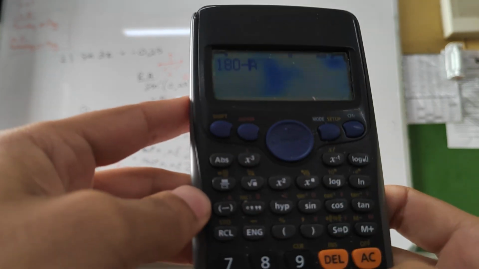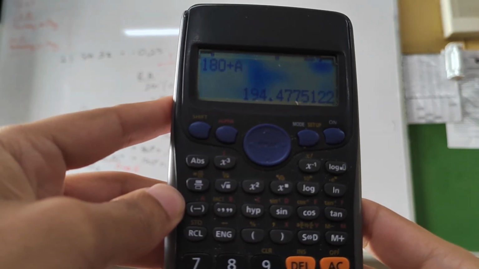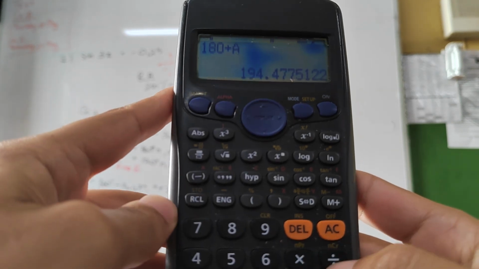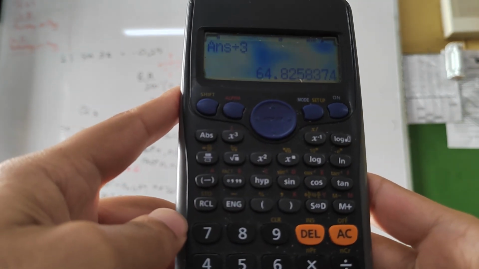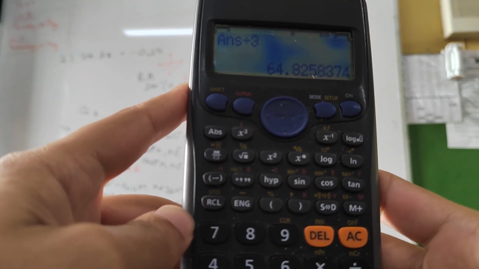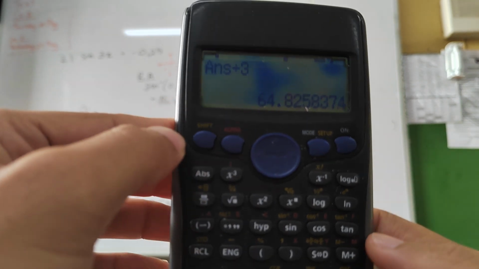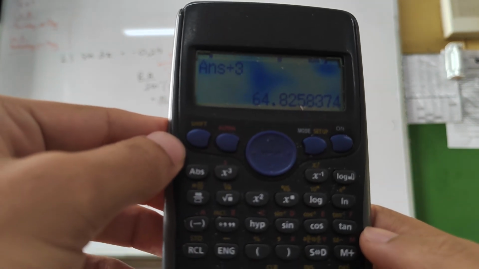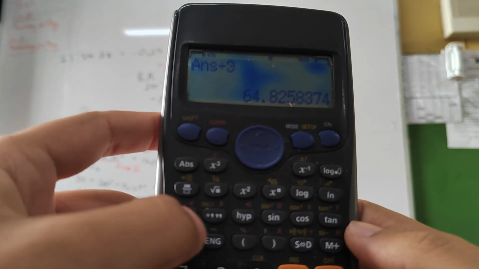No, I'm supposed to say plus. Plus 180 is 19447. All right, and then we divide that by 3, and that gets me to 64,82. But that's supposed to be 83. If I round it off, final answer is supposed to be 83. All right. And this I'm supposed to store as B.